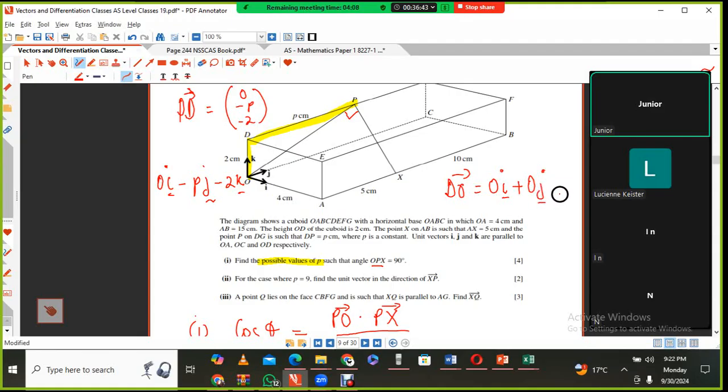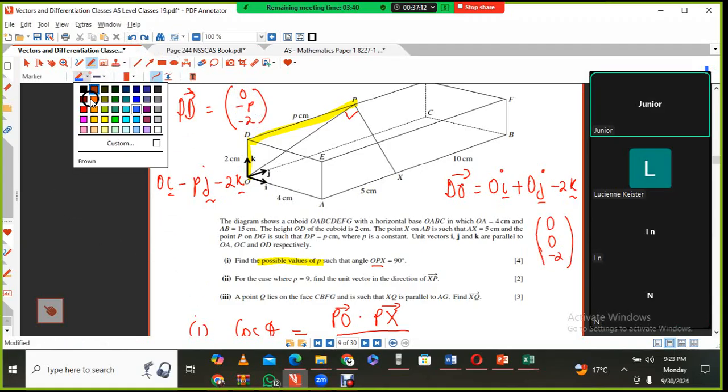And what is the k direction? Minus 2. Now what is it as a column vector? 0, 0, minus 2. You agree? Okay, so just record them somewhere. We are going to use them. I don't know if you can see, or is that blue too strong? No, it's okay.